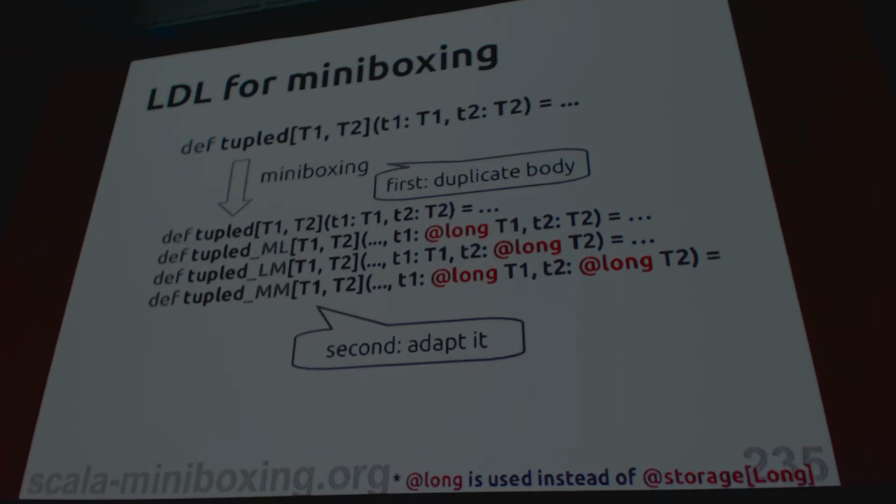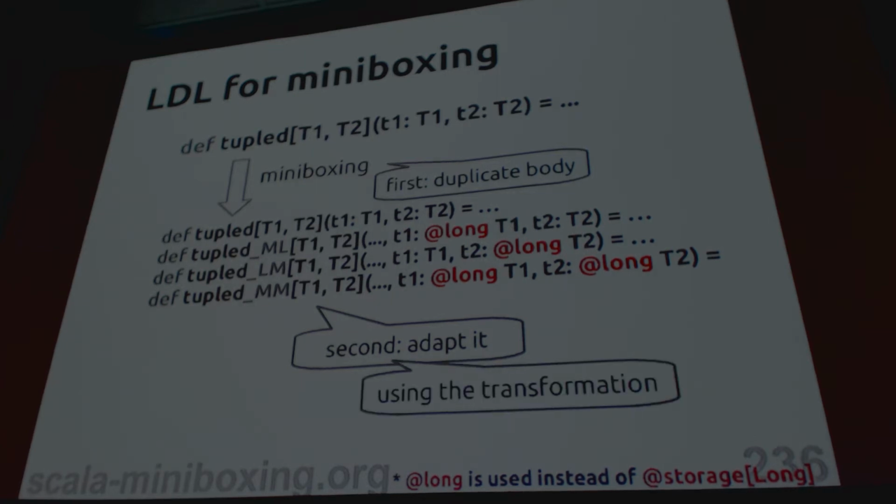But the point is, we annotate those values that change the type. And we use the transformation inside the body. And the body gets adapted. And that's all there is to do. Create several methods, use a transformation on them, the bodies get transformed in a consistent and optimal way, and then we can rewire, knowing we have different versions of the method, to the most specific one.